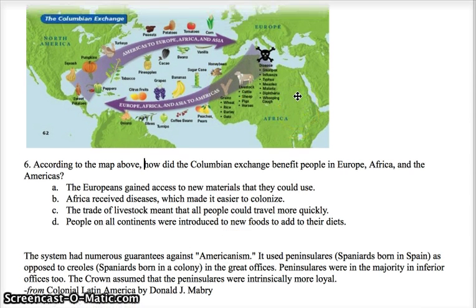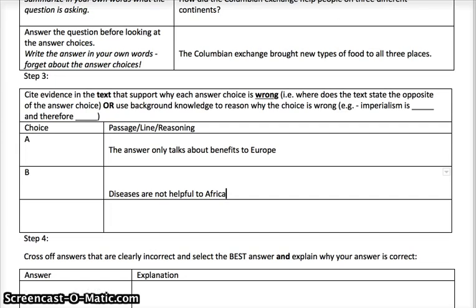That might be true, but I don't see much livestock moving to Europe that would help Europeans travel quickly. I only see turkey going to Europe. So I'm going to say it's not C, because Europe did not receive new livestock that would help them travel faster.